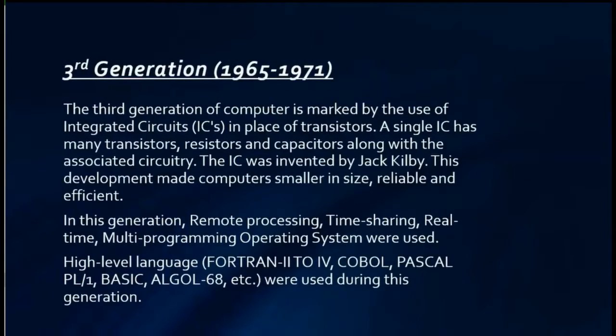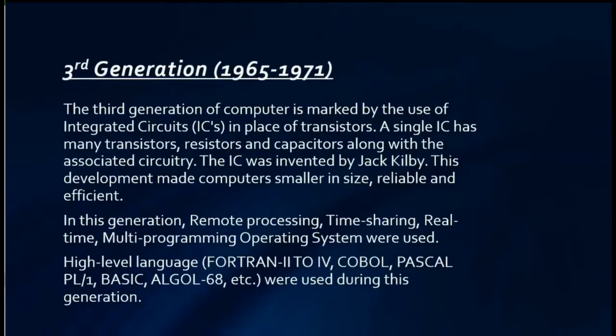1965 to 1971. The third generation of computers is marked by the use of integrated circuits, ICs, in place of transistors. A single IC has many transistors, resistors and capacitors along with the associated circuitry. The IC was invented by Jack Kilby.